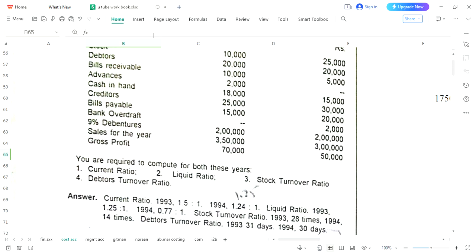So please note, it is not a ratio, it is debtor turnover period. So I'm going to correct it, and here you will write period, because the answer was given in days. It's not a ratio. So there is a misprinting over here. So we are going to correct it.